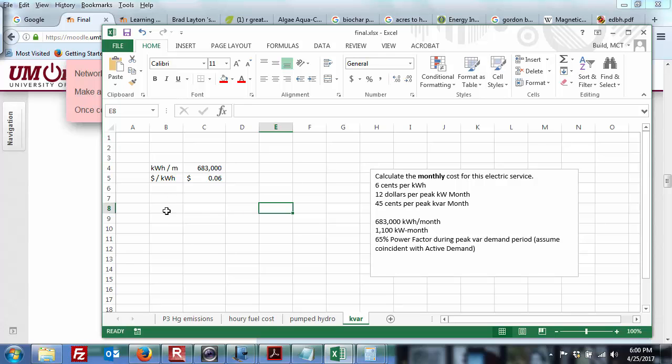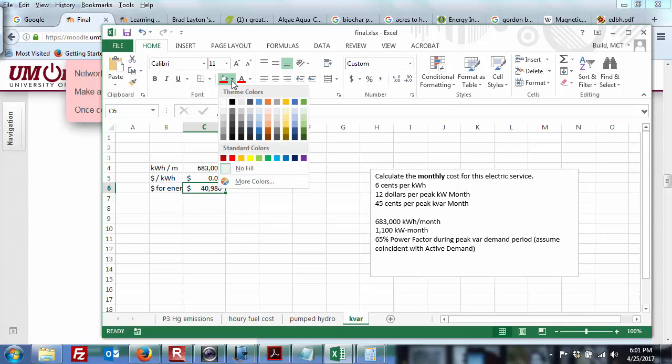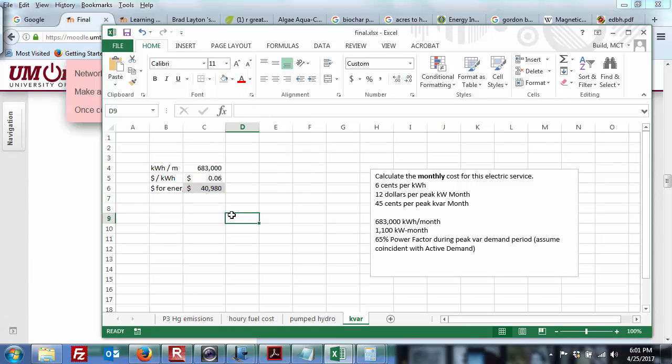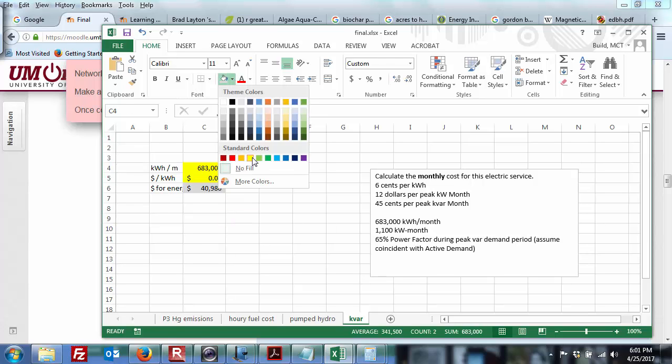This is going to be our energy. Cost for energy equals kilowatt hours times dollars per kilowatt hour. It's a nice little output there. These are both inputs. Okay.